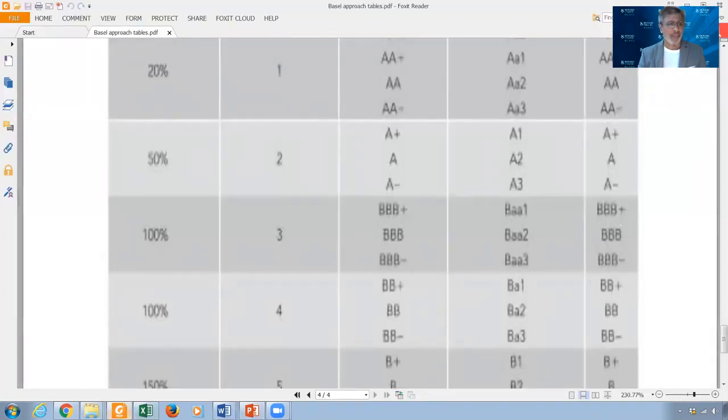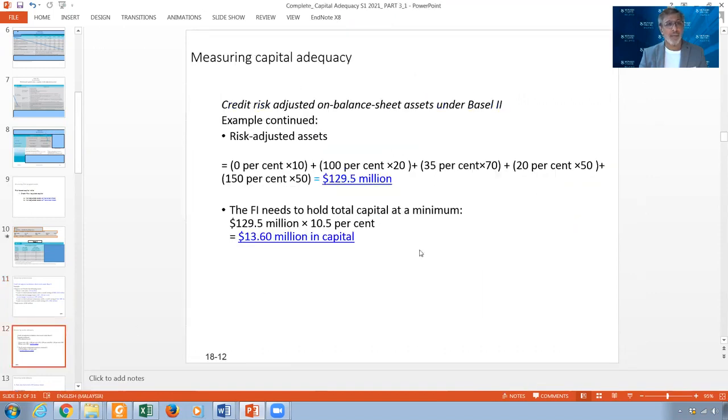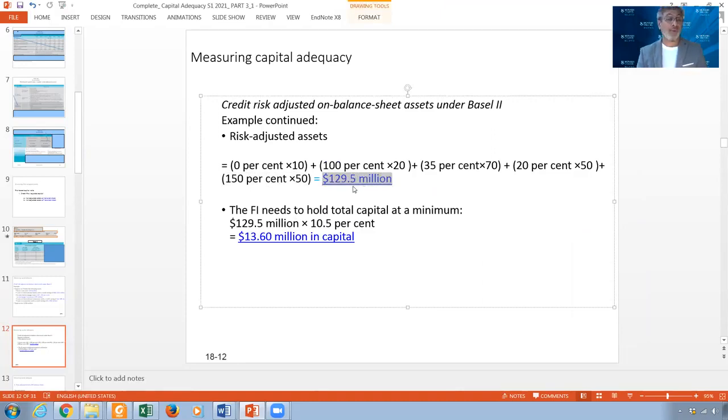So it's very clear now that we are using the rating from table 5. And then we have loans to corporates with credit of B minus, 50. This is actually 150% according to table 5. You add it up, it's 129 million. And instead of the 200 million, now the risk-weighted asset for this 200 million asset is 129.